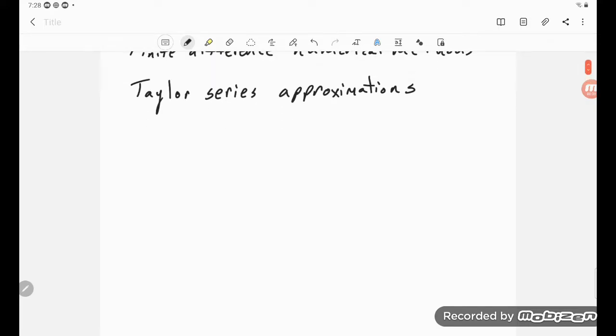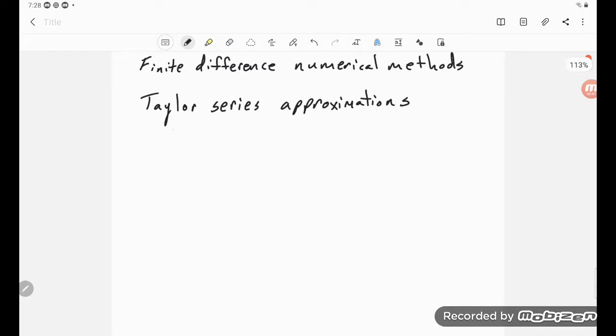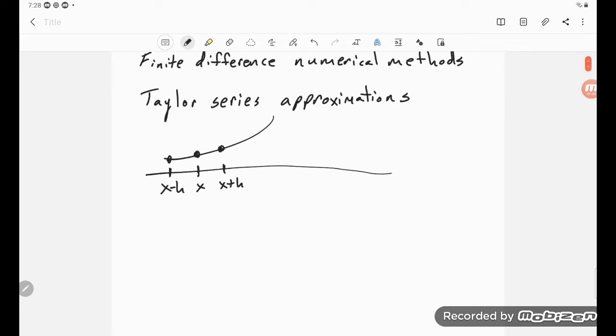And so with a Taylor series, if I look at a function, and here's a function, and I say there's x, and, well, actually make that x minus h. We'll make that x, and that x plus h. Okay, so I can look at various things like this.